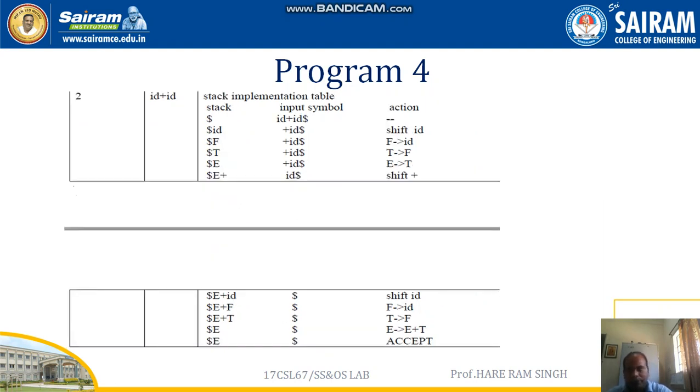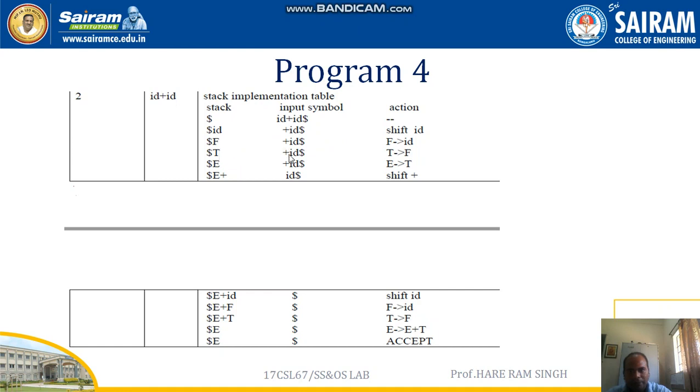Let us see another example. Here suppose ID plus ID. So ID plus ID dollar is the input, and in the beginning dollar is present in the stack. Now no action. First is shift ID. ID is shifted here, plus ID dollar remains. Next, ID can be replaced by F according to the grammar, and in the input what is left is plus. So this is the reduce part.